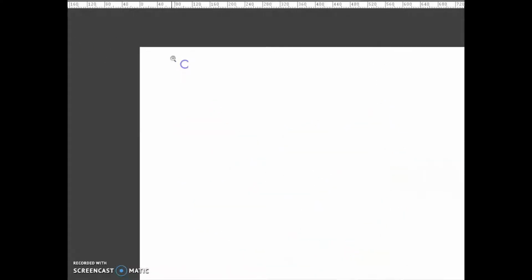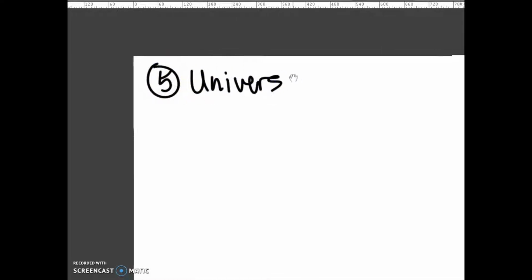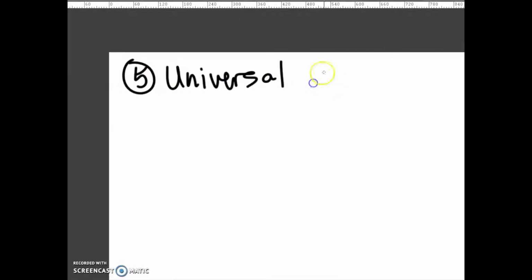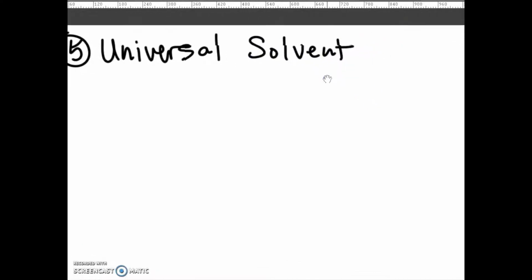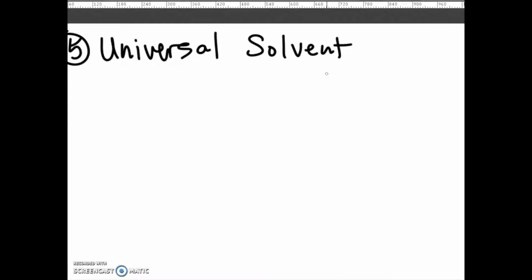The last one. Okay, so this last one here is the number 5, universal solvent. Universal solvent. What is a solvent? So a solvent is a word that we describe when we mix two things together.